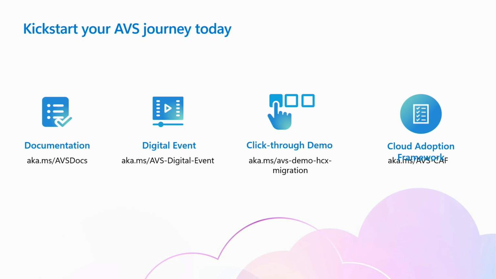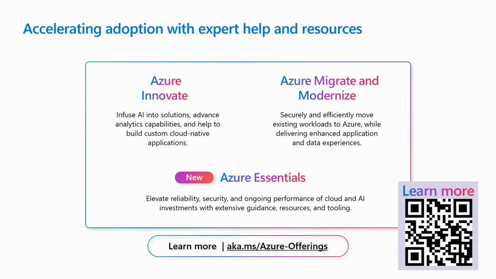And then we have our cloud adoption framework. We've also got ways to help you accelerate your adoption with expert help and resources. So for example, we have Azure Innovate. It's a great way to help you tack on AI solutions to what you migrate over to Azure, as well as build custom cloud-native applications.